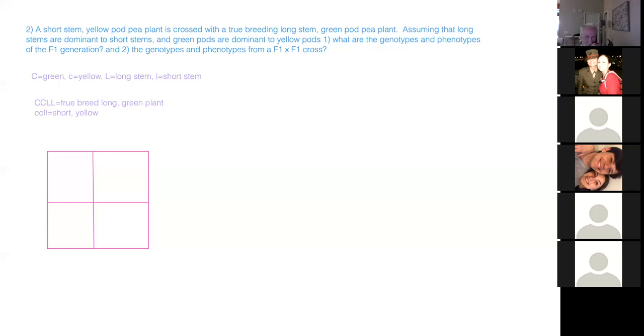I mean, it's like one side of the cross, right? We should use capital CC and LL, and then the top should be small cc with ll, right? You're going along the right way, but this individual will pass along one of each of their alleles, one for color, one for stem length in each gamete.